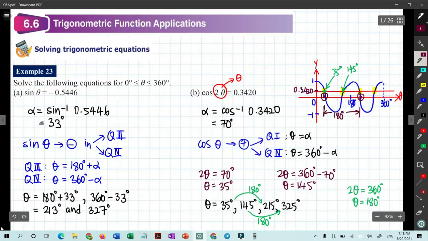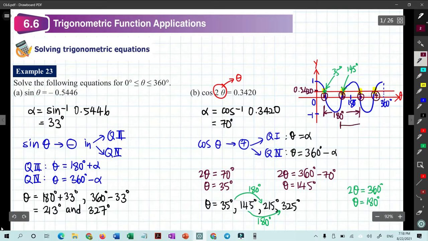Since the period is 180 degrees, the graph will repeat after every 180 degrees. Here is point number 2, and here is point number 4.